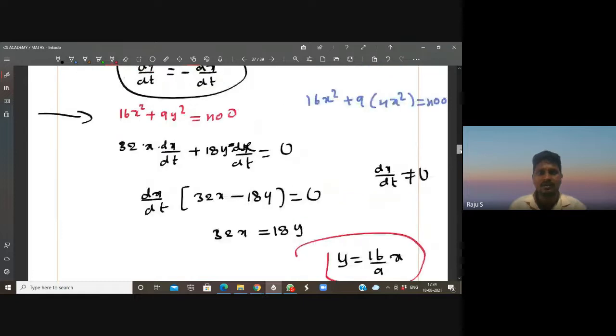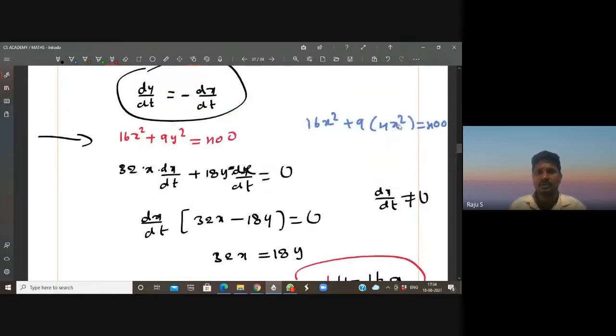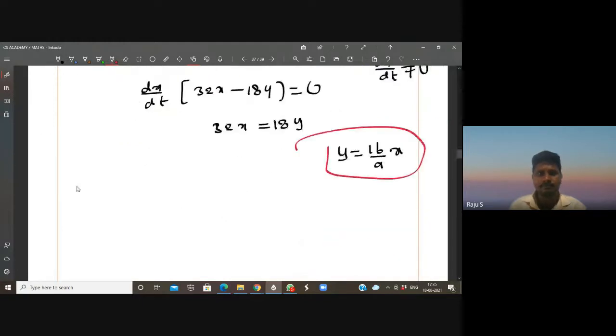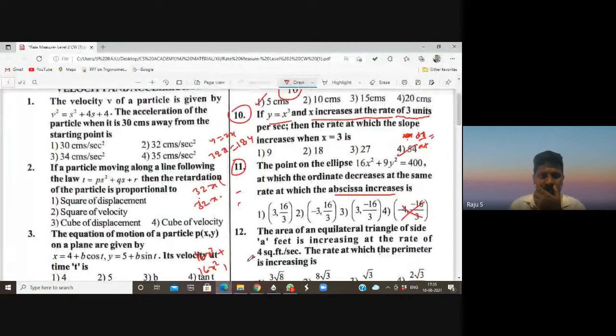This y value we can substitute: 16x square plus 9 into 16 by 9 x the whole square is equal to 400. Now, students, you can simplify this. We are going to get option 1 as correct.